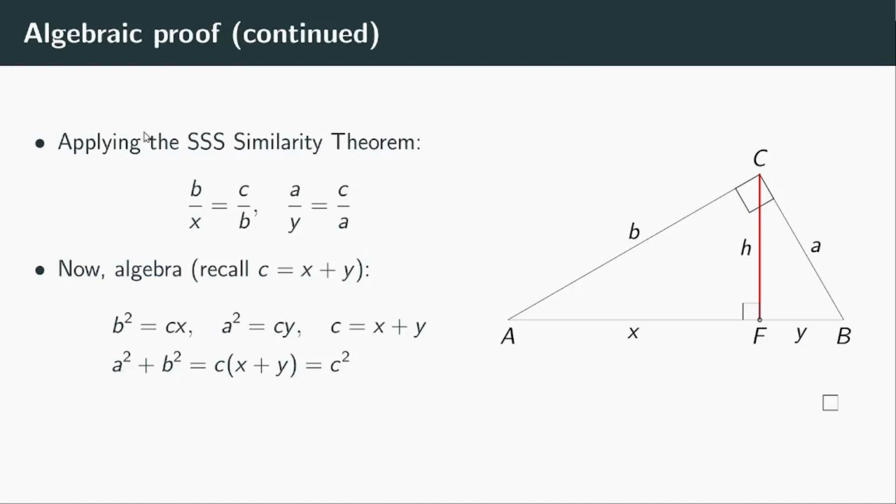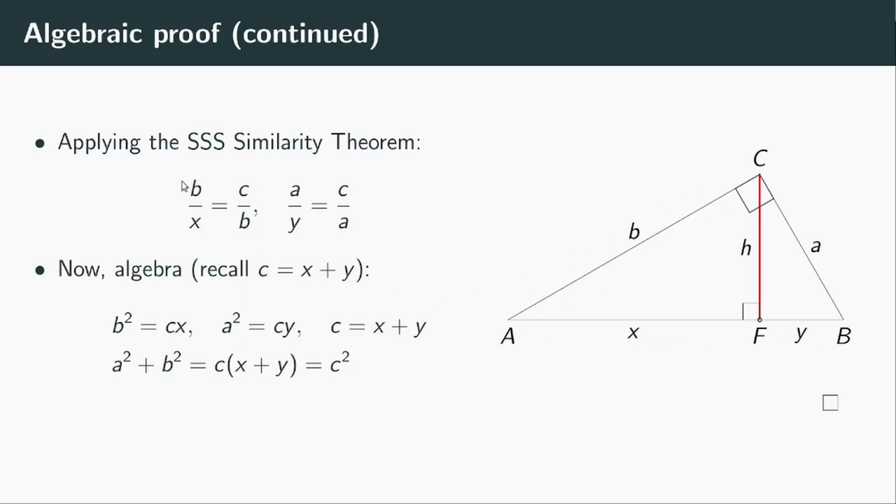Okay, so now we can apply the side-side-side similarity theorem to say that the ratios are the same. So here I'm saying the ratio of b over x is the same as the ratio of this whole side c over b. Right?